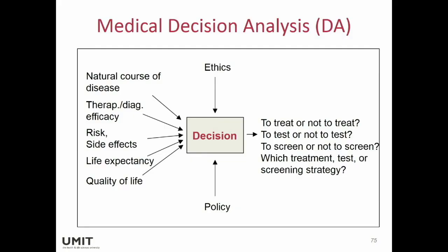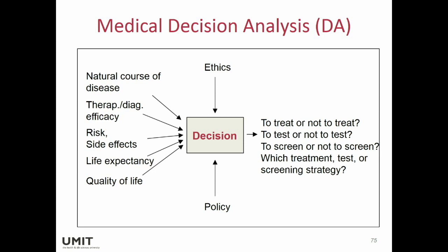On this slide now, you see what we take into account when we build a decision-analytic model. So first of all, we think about the natural course of the disease. Then we incorporate the effectiveness of treatment, but also the diagnostic accuracy.